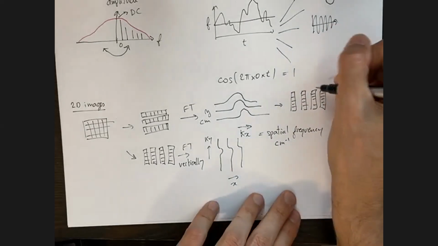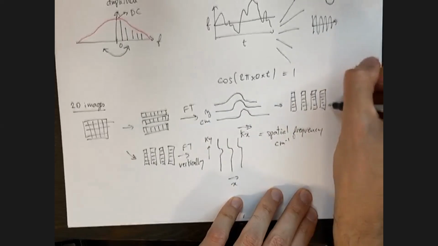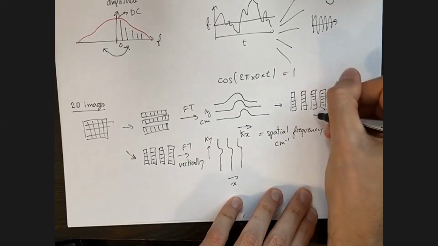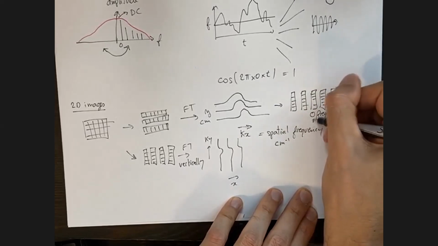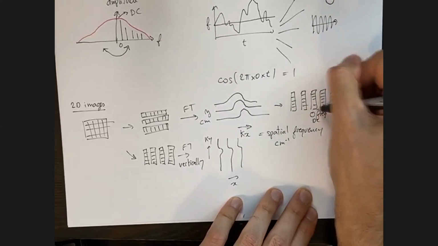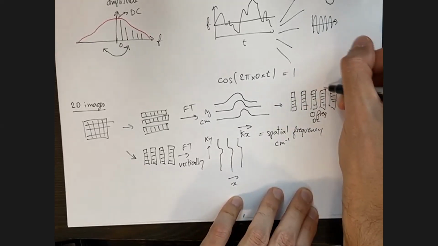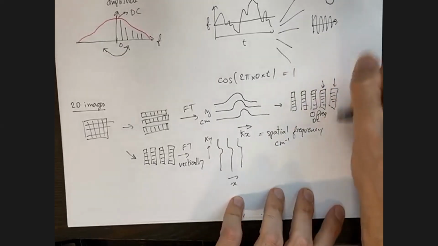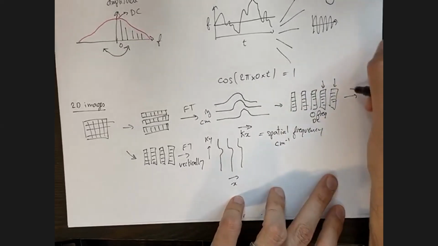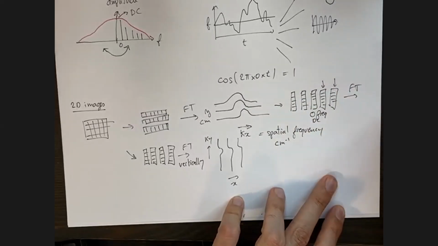And so now, remember, horizontally we have spatial frequencies. So let's say this is our zero frequency, which we call the DC term. So this is all the DC terms in the image. These ones would be lower frequencies and these ones would be higher frequencies. And we're going to apply the Fourier transform vertically this time, one by one on each column. We apply the Fourier transform one after the next.